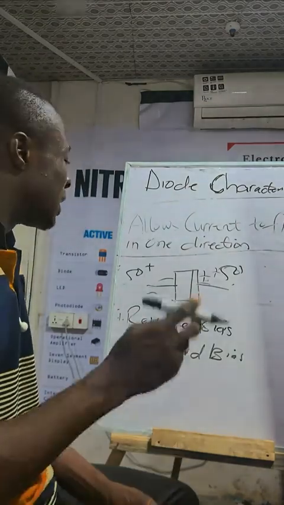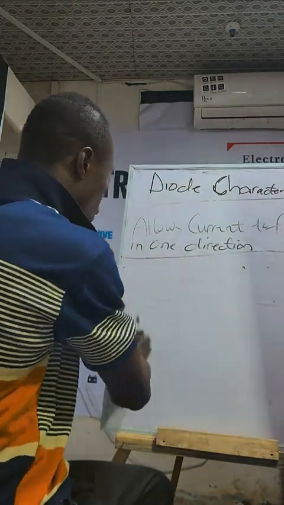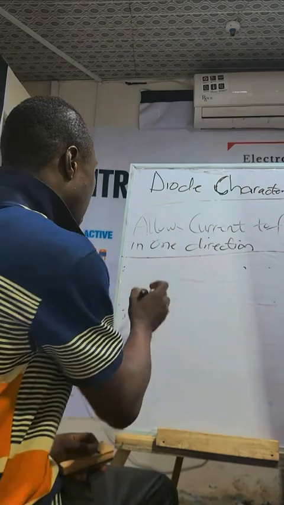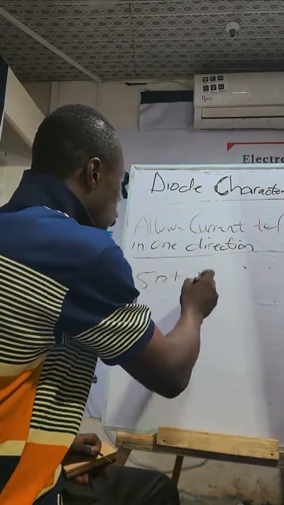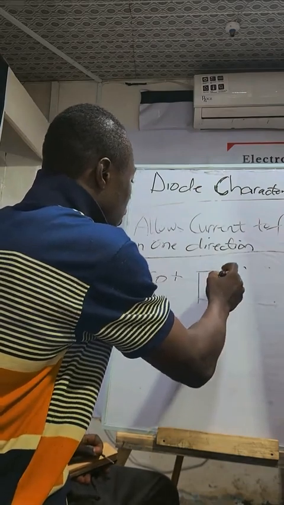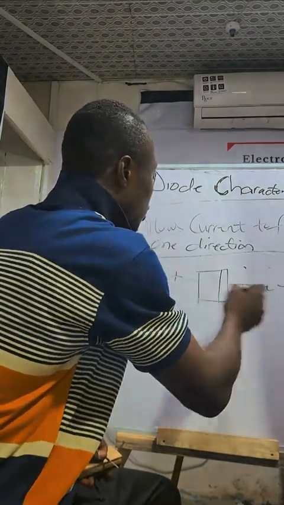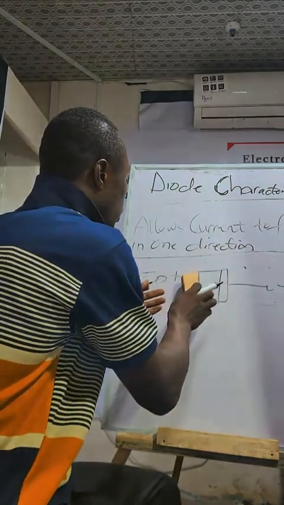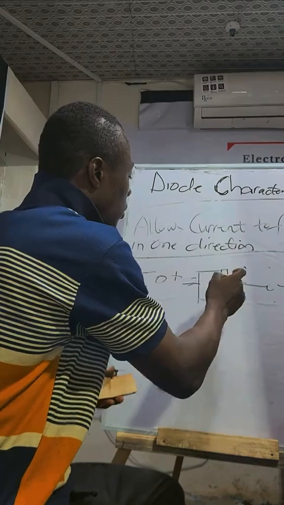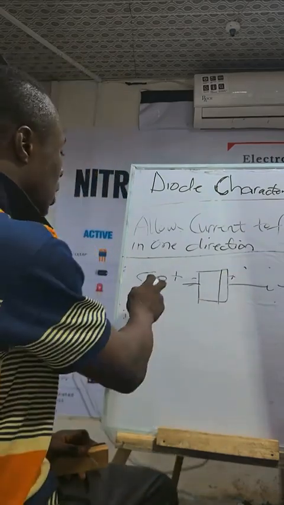Now, some of the circuits look like this. So imagine that I am using 50 volts positive to pass through the negative side of the diode.